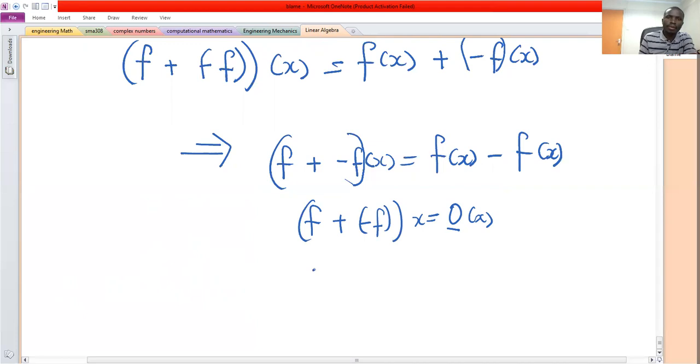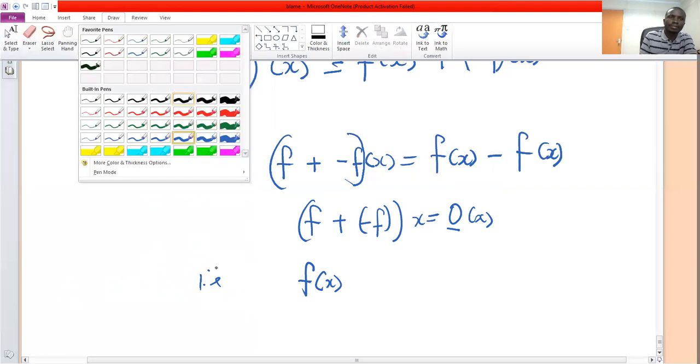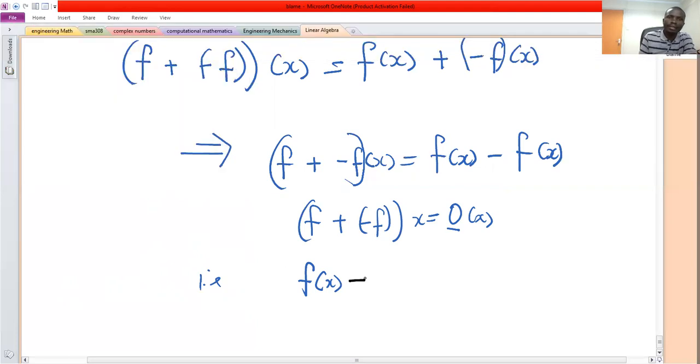So f of x, so you can simply say f of x plus minus f of x is simply a zero function.